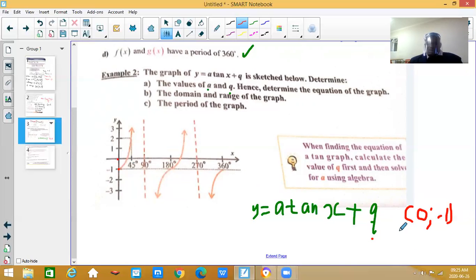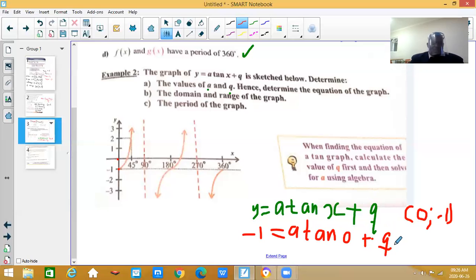Right. So you take this point and then you substitute here. The value of y will be -1. a, we don't know, just leave it as it is. And then you say a tan 0 plus q.